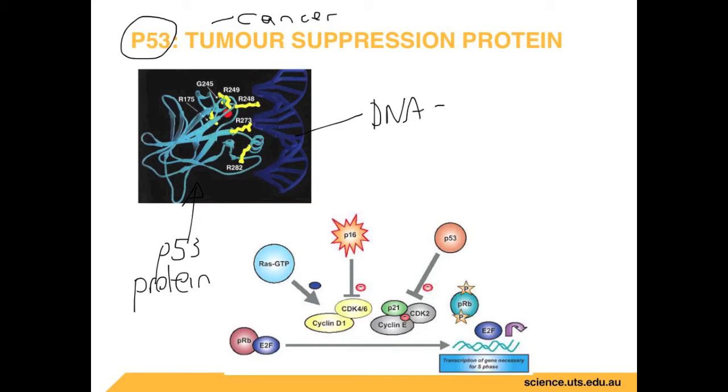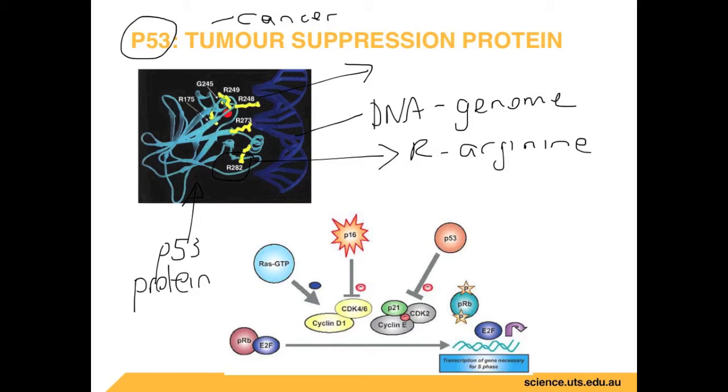DNA is our genome. And within P53 are amino acids, such as R, which stands for arginine. And these different amino acids interact with the DNA. If these amino acids are changed, we lose that interaction with the DNA.